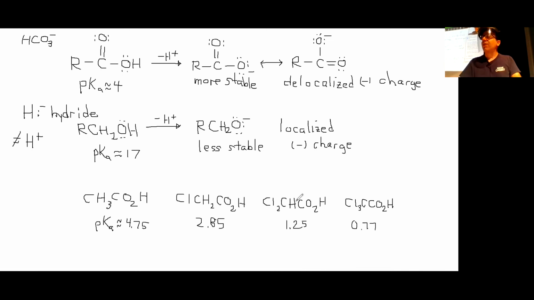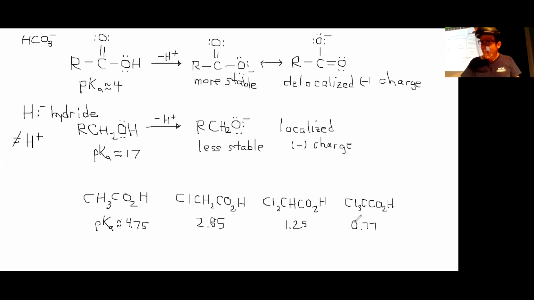So once again, you're getting less and less electron repulsion as you go. And so that's why you see this. Now, this certainly doesn't appear to be anything like linear. I don't think we learn too much by plotting a graph here, but I think we can make some sense as to why the pKa gets lower and lower as you replace hydrogens with more electronegative chlorine atoms.